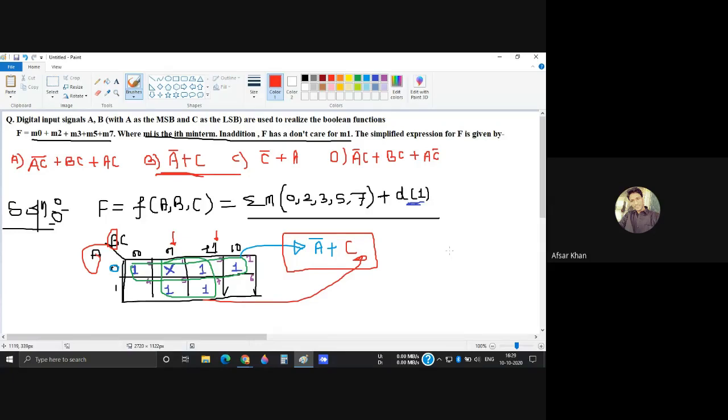So we have completed this problem. Everyone got this? Understood this problem, students? Yes, sir. Okay, we'll move to the next problem. Okay, this one is done.